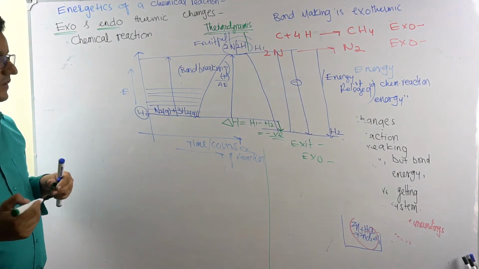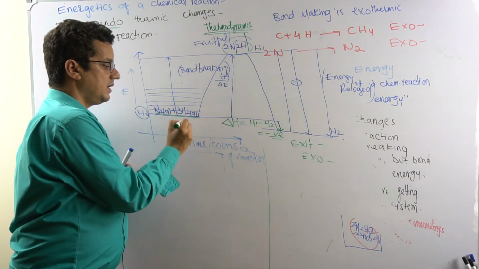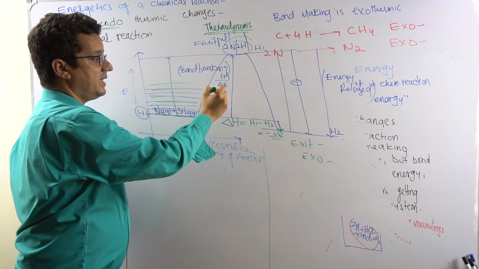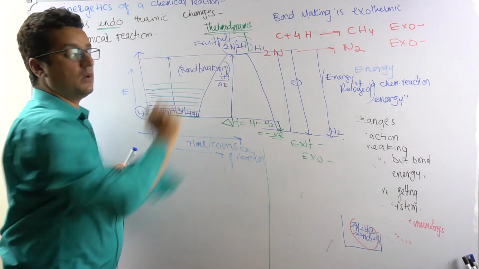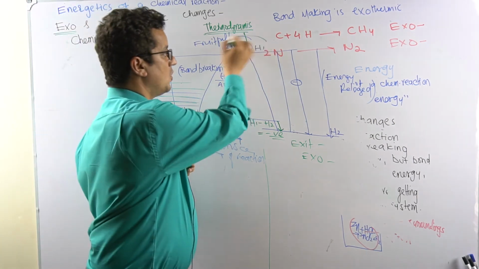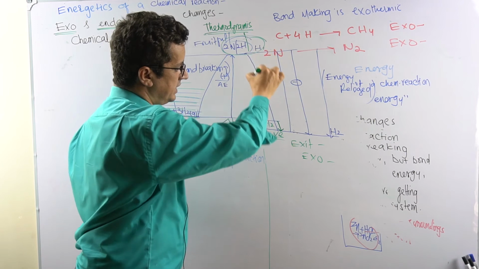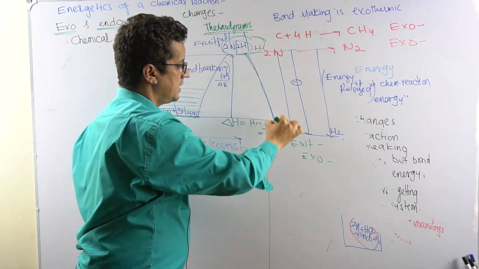Look at the energy profile diagram again. The reactants are gradually gaining energy. At this particular energy level, they have gained from H0 to H1 enough to break the bonds, and here the bonds are broken, the activated complex, the activation energy, and then the energy is released. And the released energy, look at that, is more.